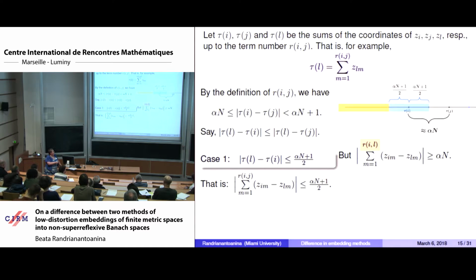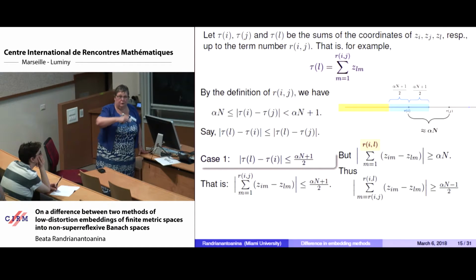And since each of those summands has modulus less than or equal to 1, I had to have enough summands when I go from this number to that number. Here I am using this symbol like it was an integral, meaning if I go forward, I take it with a plus, and if I go backwards, I take it with a minus.